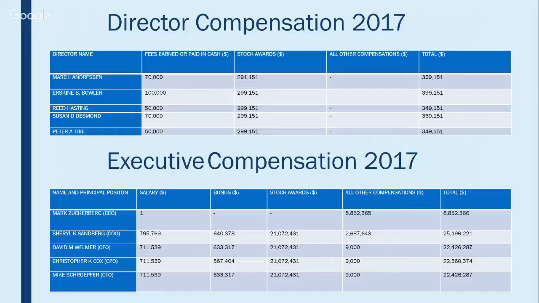In the next table, we present the executive compensation of senior executives like Mark Zuckerberg, who is CEO, COO, CFO, CPO, and CTO, and their salary, bonus, stock award, and other compensation. The only person who doesn't get salary, bonus, and stock award is Mark Zuckerberg.